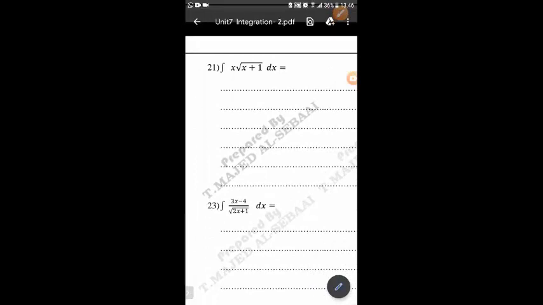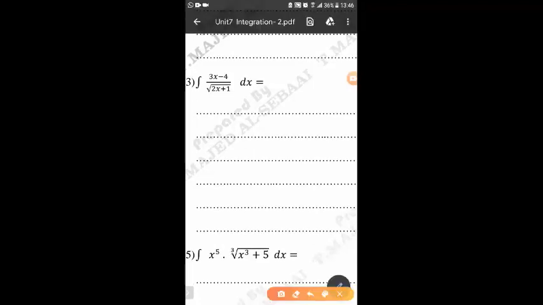which has a root in the denominator. How can we deal with that? And as you can see, I only left a small space for that. No need for a big space. Okay, I will say let u equal.